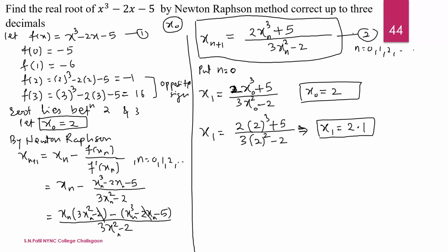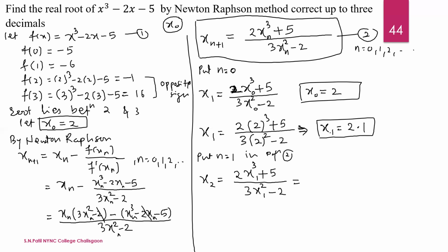Now put n is equal to 1 in equation 2. We get x2 is equal to 2 times x1 cubed plus 5 divided by 3x1 square minus 2.